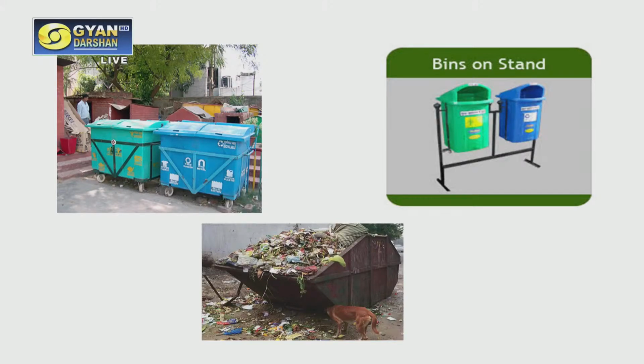You must have seen these different types of dustbins at the public places also, in gardens also, in your societies and the localities also. These are very common, and green and blue signify the segregated collection: the biodegradable waste, that is the wet waste, in the green dustbins, and the recyclable waste, or the dry waste, is collected in the blue dustbin.